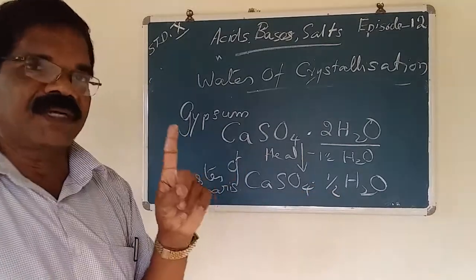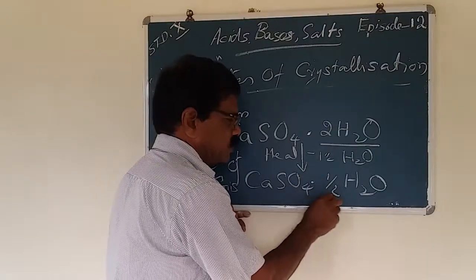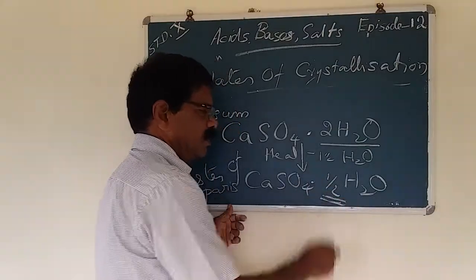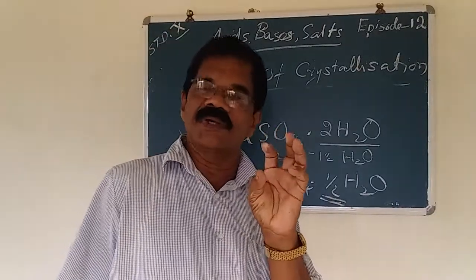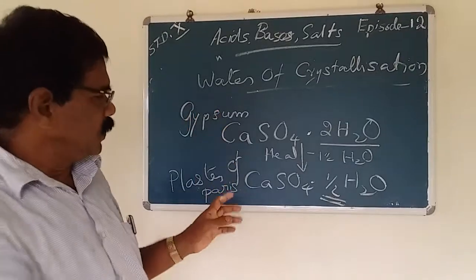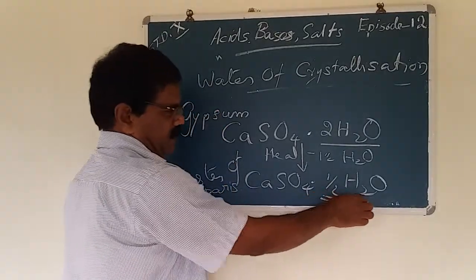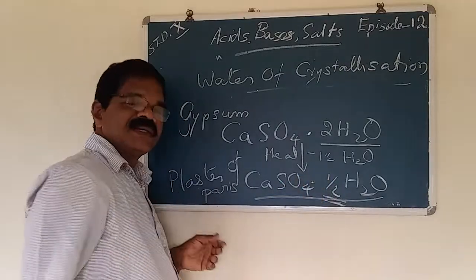There arises a question: is there any stability in the case of half H2O? Can we divide a water molecule into half? Now there is not a problem. Two CaSO4 molecules share a full H2O.